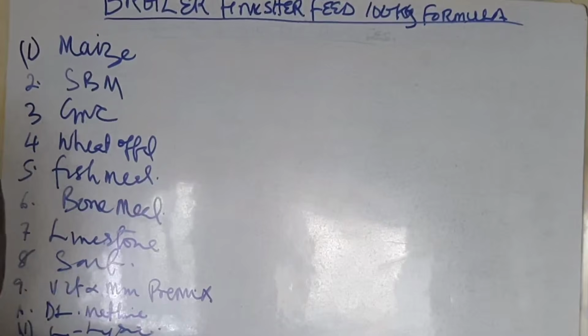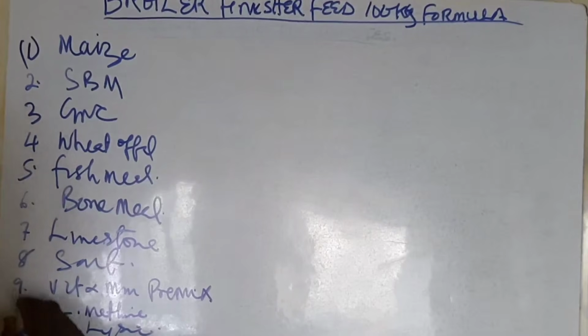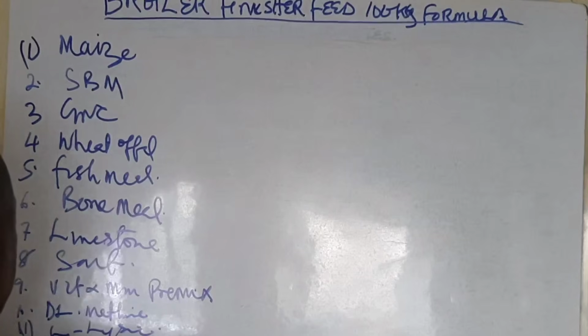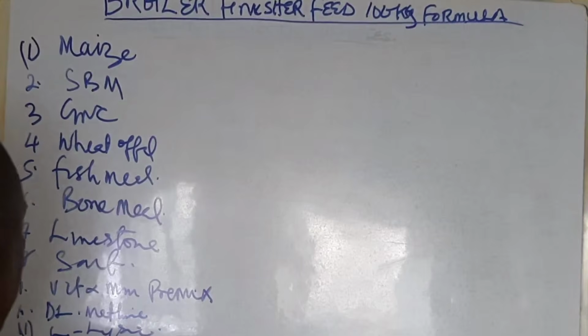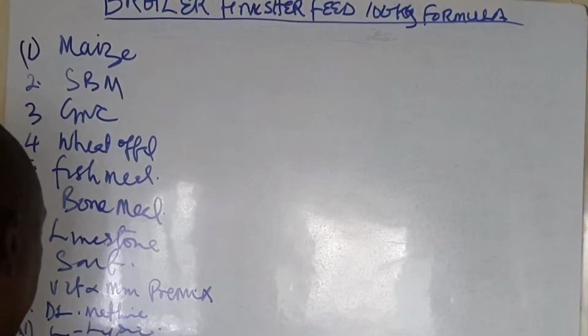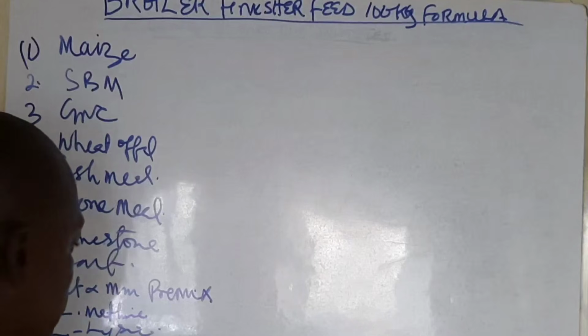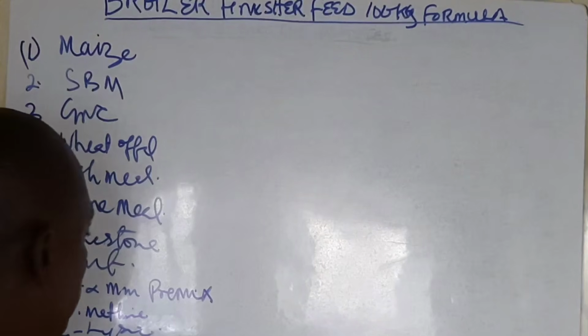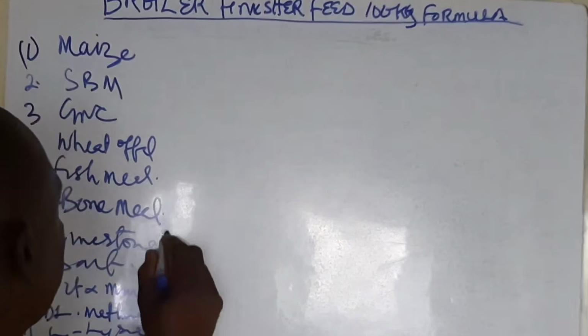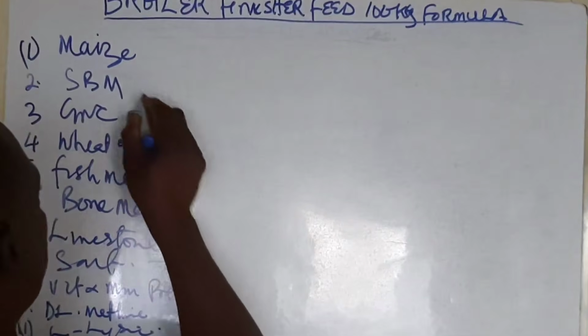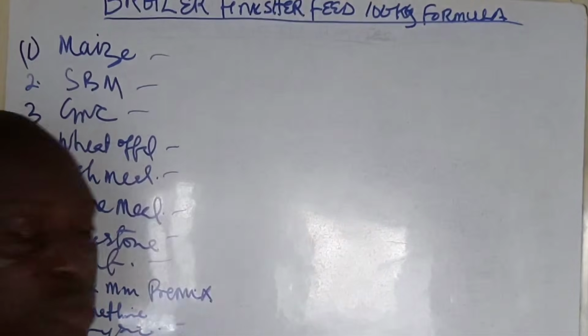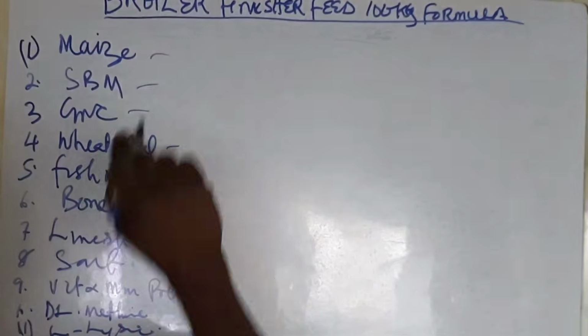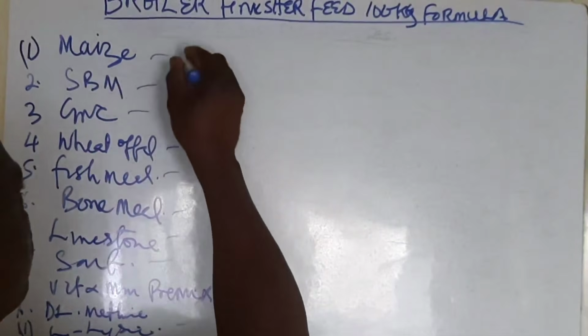I'm using enzyme, number 12. Number 13, I'm using toxin binder. That's a preservative. So let's get the quantity of each of these ones. So perhaps we use 60 kg of corn.